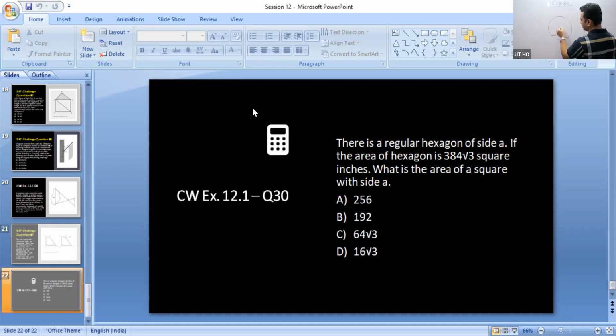If I drop a perpendicular from the center to the chord, it will bisect or divide the chord into two equal parts. Or vice versa, if I join the midpoint of any chord to the center of the circle, it will always be perpendicular to the chord.